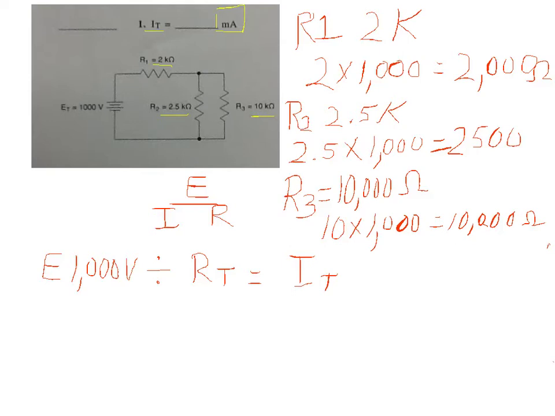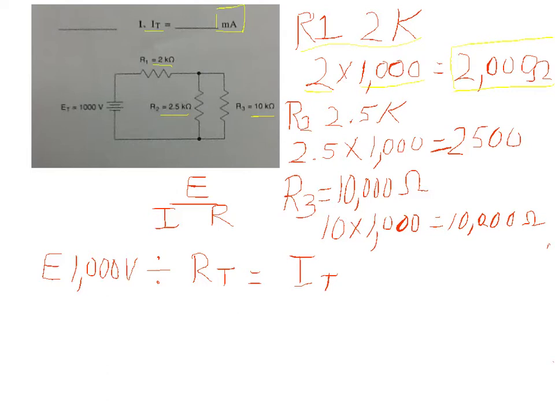So in order to help get you started, I did some math up here at the top. Notice what I did. I took R1, which was 2K, and I multiplied 2 times 1,000, and that gives me 2,000 ohms as my resistance value for R1.